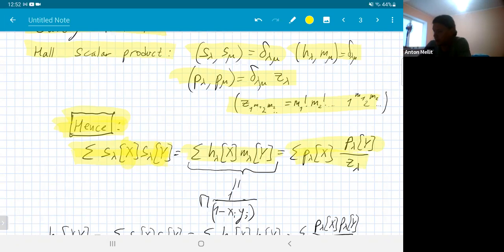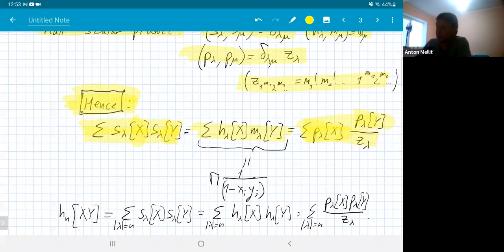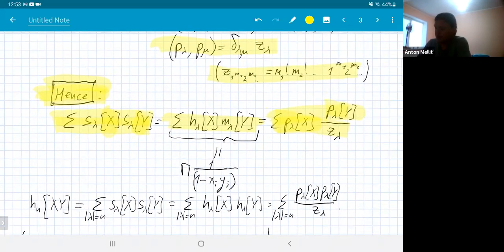You should see the logic. You put in x anything that is on the left of your scalar product, and then you put in y something which is on the right of your scalar product, to make the scalar product equal to delta lambda mu. So it's called a dual basis. The magic is that these three formal functions that I wrote are all the same.